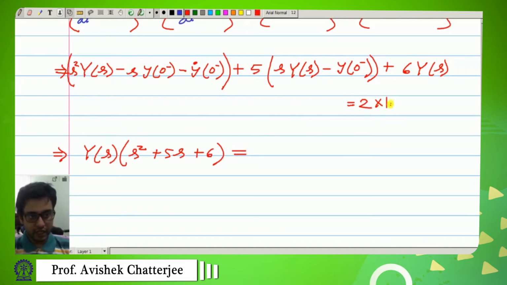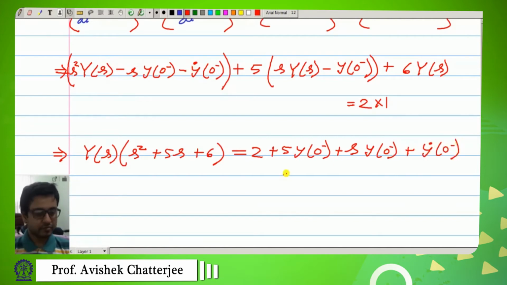Okay, so here I have 2, then from here 5y 0 minus this term, then here plus s y0 minus this term, and plus y dot 0 minus.